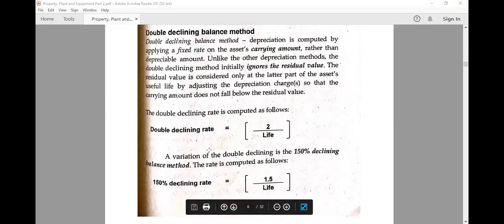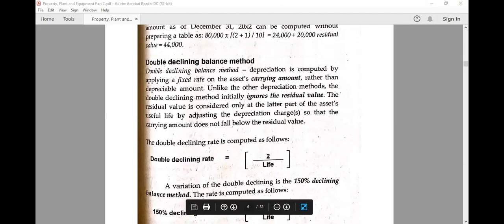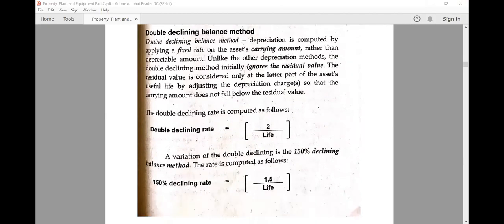If it is the double declining balance method, then that would be 2 over life. Let me ask you once again, this is going to be easy. If the life is, let's say, 10 years, what would be our double declining rate in 10 seconds?